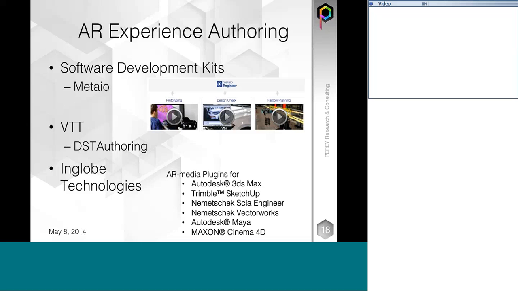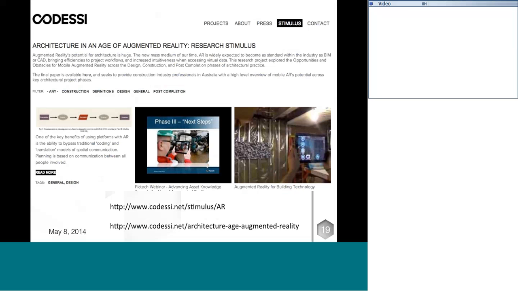There's another company called InGlobe Technologies that provides plugins for many of the popular 3D design tools. So these tools that I've listed here on this screen are the ones that we will frequently find being used by architects and engineers that are doing work in the built environment.